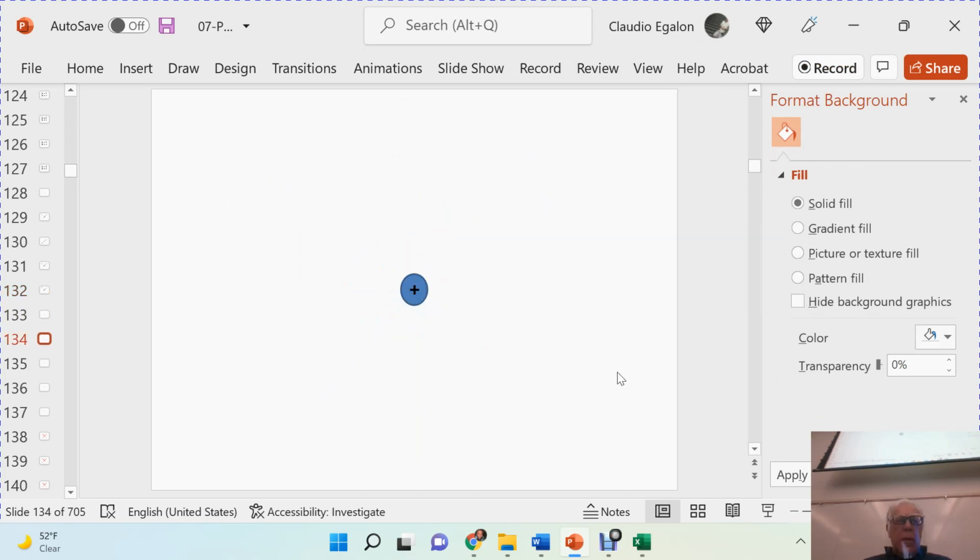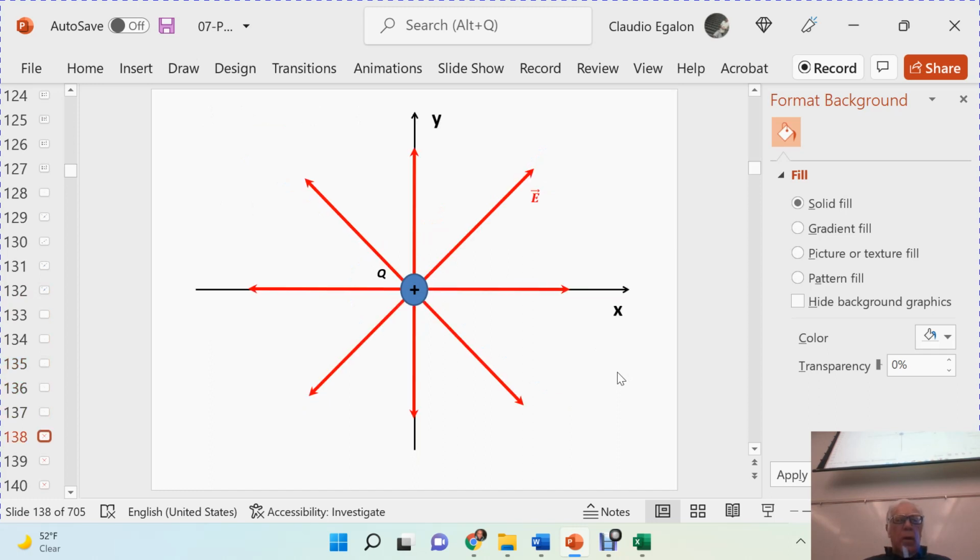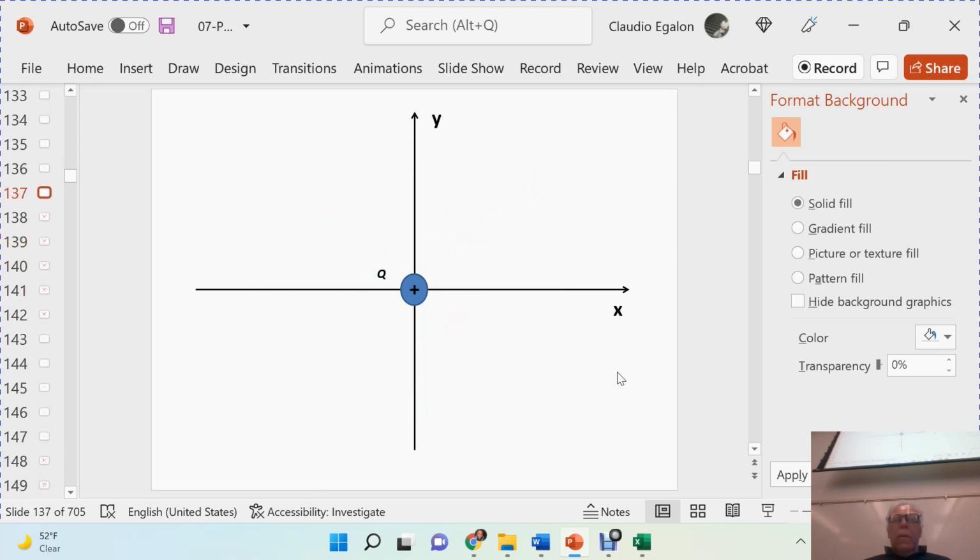Okay. Now here we go. Remember the electric field lines of a point charge, right? And now we are going to use Gauss's law. Okay, think about that, right? Here you go.